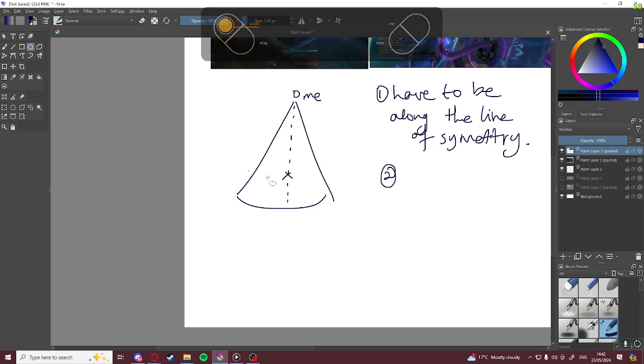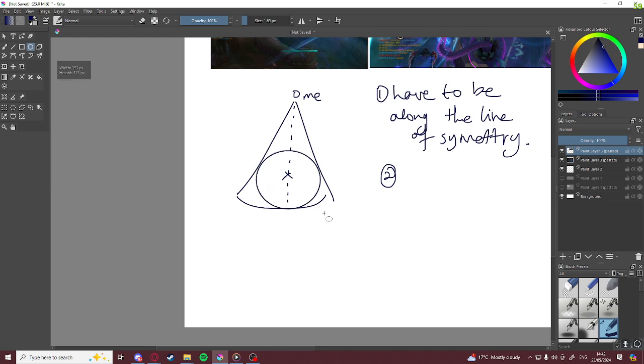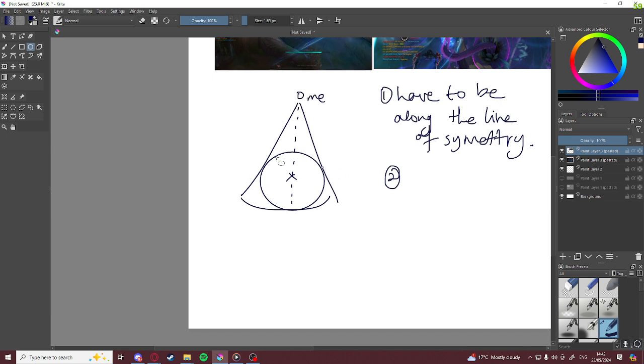It's not perfect, but it just looks better. That's fine.